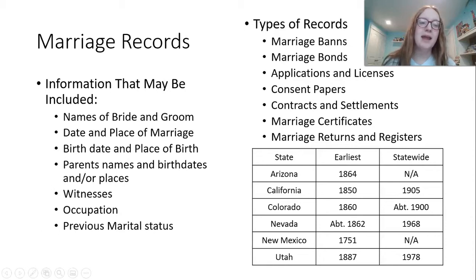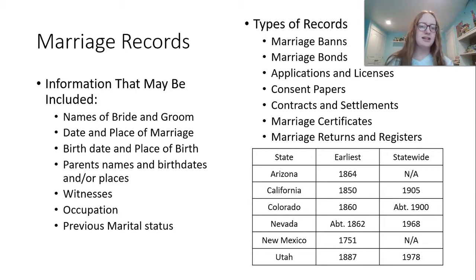For example, if you are looking at the actual marriage certificate, that's going to be the document that was done after they were actually married, and so we'll list that information. If you're looking at consent papers, this might be because someone was underage, and so dad's signing off that, yeah, my daughter can be married, even though she's under the legal age. And it might list other information like that. Each one will include different information and will have different dates on it.